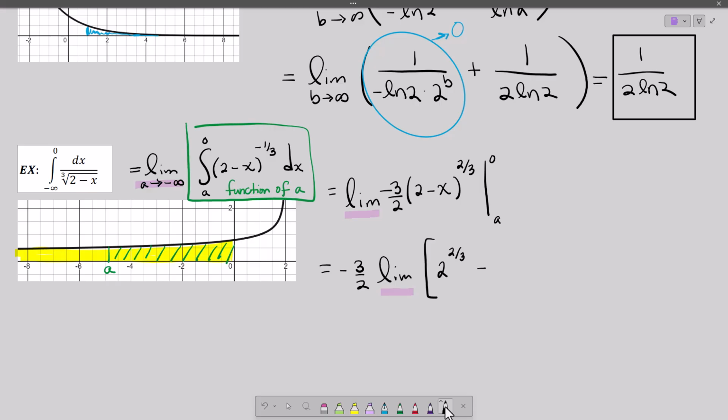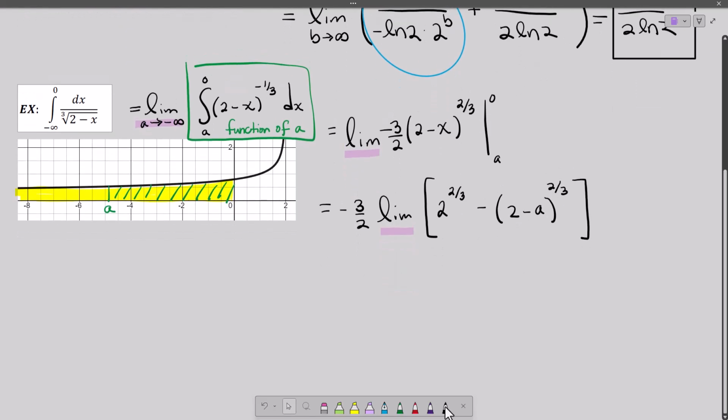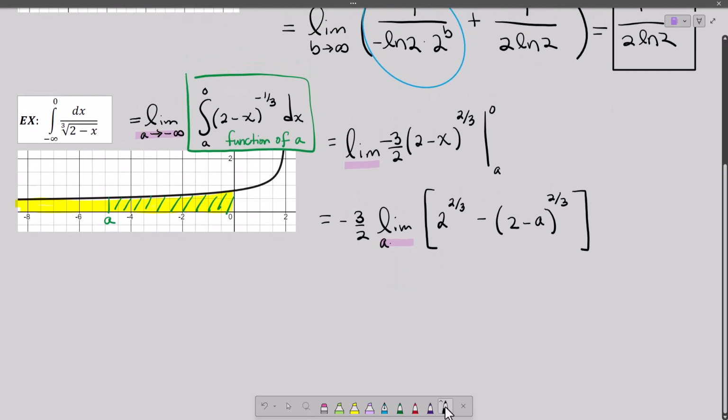So 2 to the 2/3, plugging in 0, minus the quantity 2 minus A to the 2/3 power. And that limit is as A goes to -infinity. Maybe I'll put that in now because we're going to start thinking about that. All right, so everybody okay with that setup there?